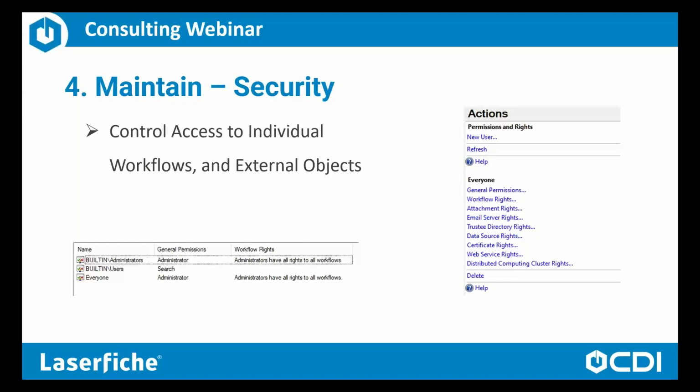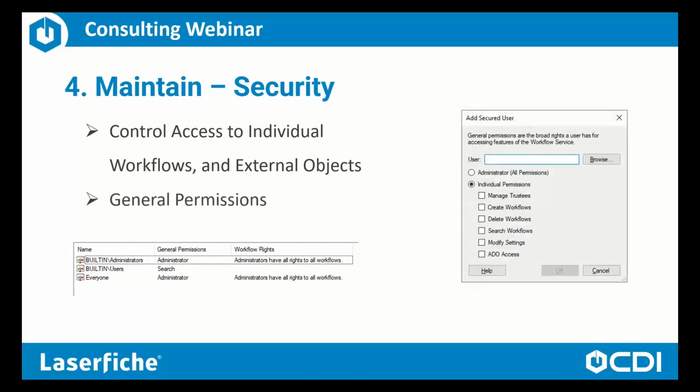Workflow security allows us to control access to individual workflows or external objects. So for example, we have our everyone user selected. We can configure the workflow rights for that user, attachment rights, data source rights, and we can also configure our general permissions.